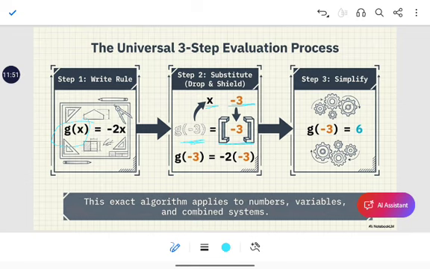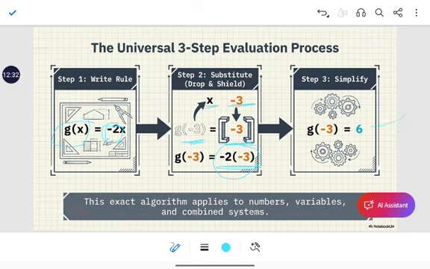Please, you put that value in brackets. So we see that g of negative 3 is equal to negative 2 times negative 3. What is the negative 3? The negative 3 is the x value. Now you can simplify it. Negative 2 times negative 3 will give us 6.